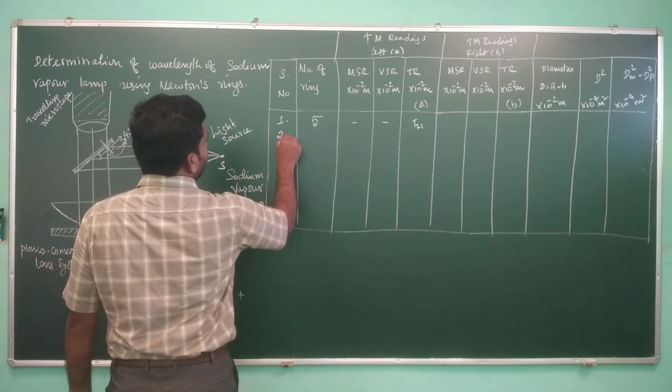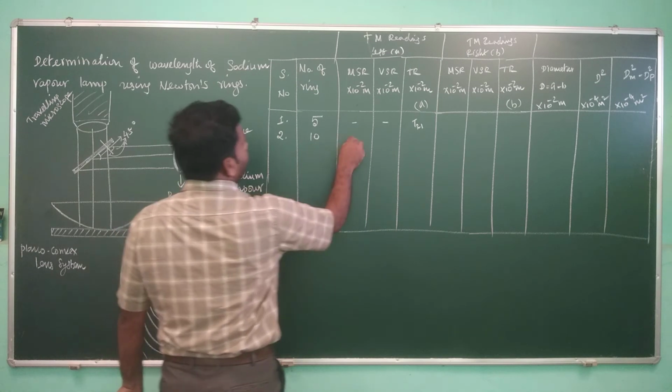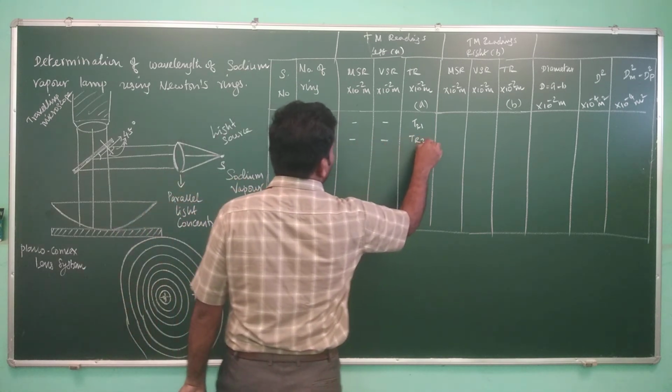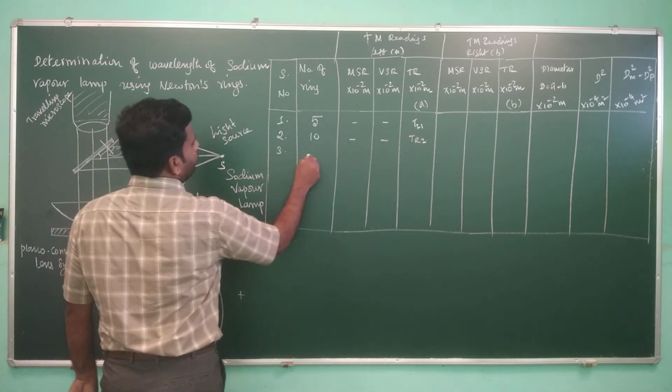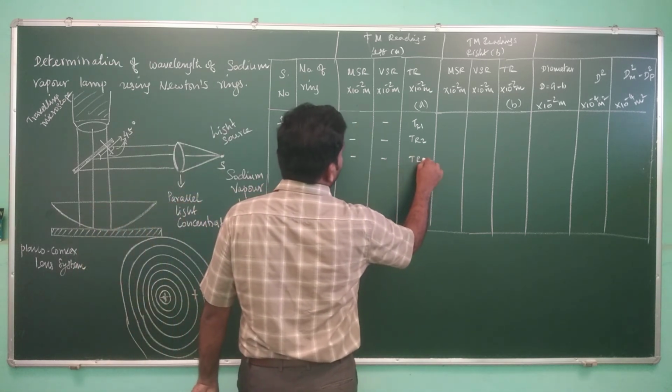Then we are moving for another 5 rings. So it is the 10th ring. Again we note the reading, it is TR2. Then again for the 15th we take the main scale and vernier scale, and we write TR3.